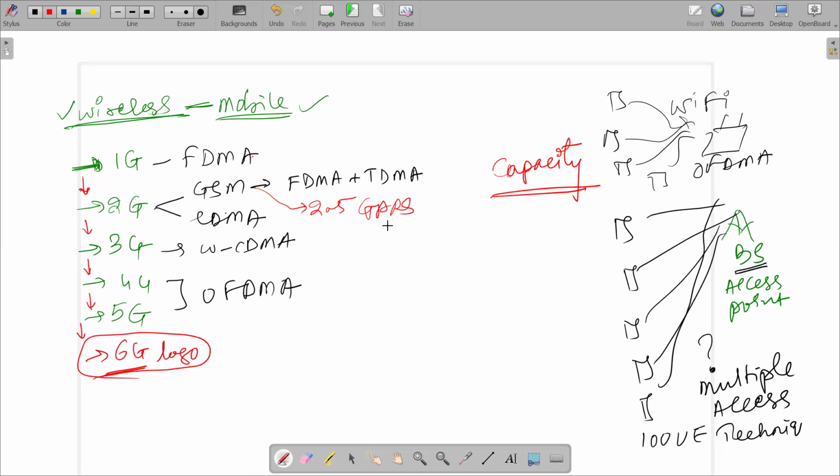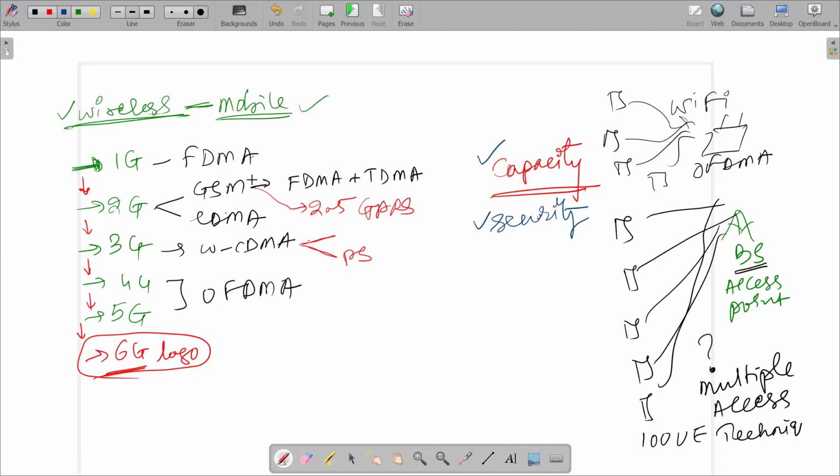Then they added GPRS and released it as 2.5G. Then 3G is mainly for CS as well as PS. CS was there, but the underlying technology is different. We will see why they went for 2G from 1G, and why 3G. Definitely I can say one thing is superior capacity and security.